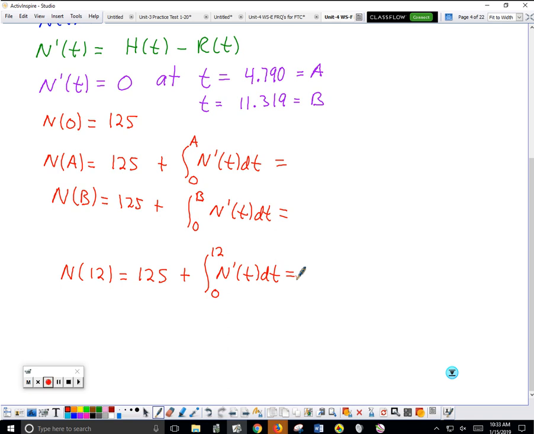Someone have the value of this integral? Or does somebody have the combo? We can do the combo this time. 149.408.